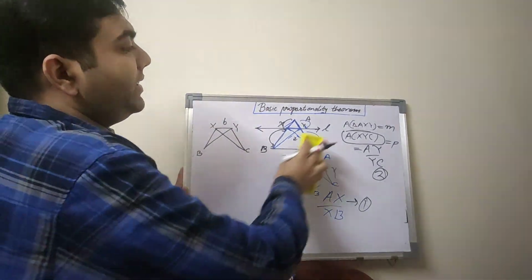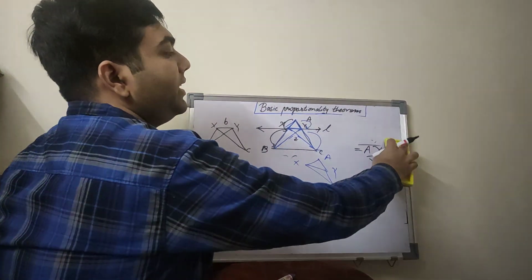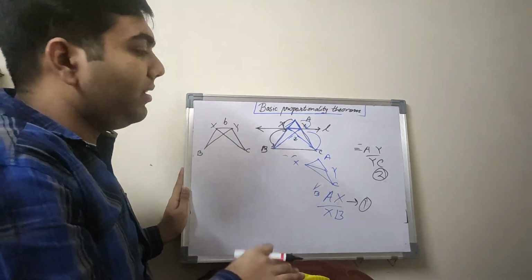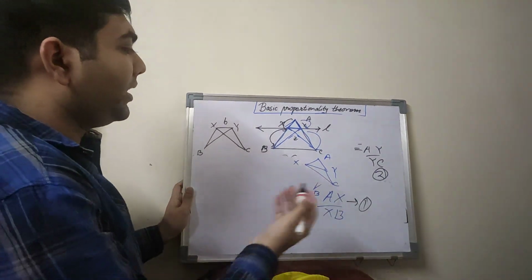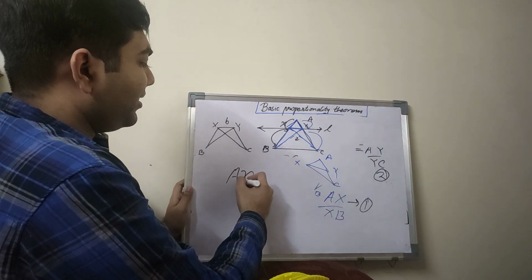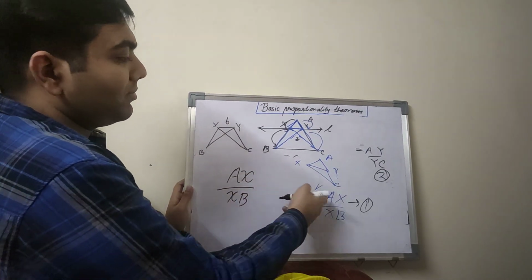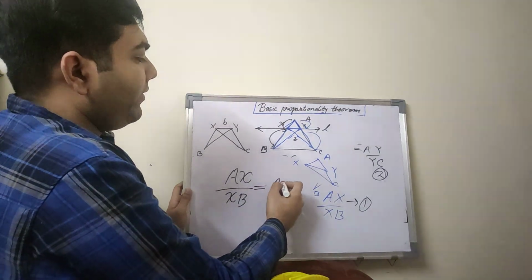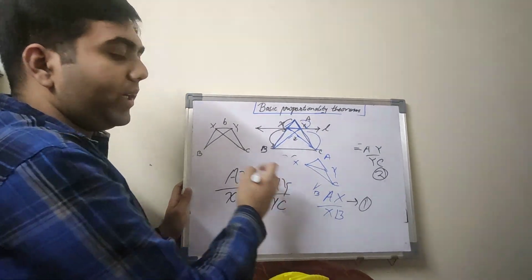So the left hand sides of the two equations we got were the same. So the right hand sides are the same. So I can conclude that AX upon XB is the same as AY upon YC.